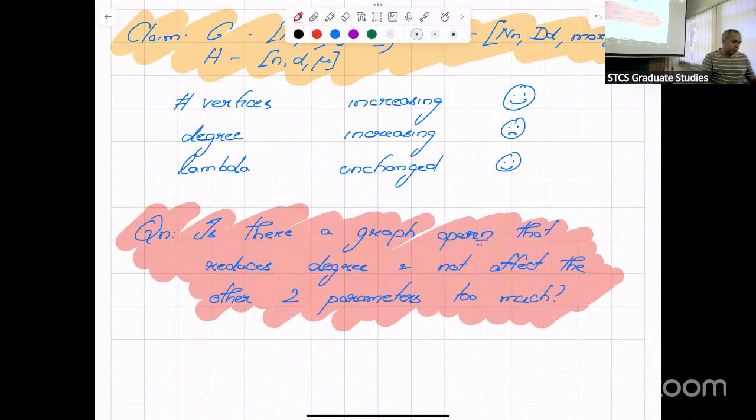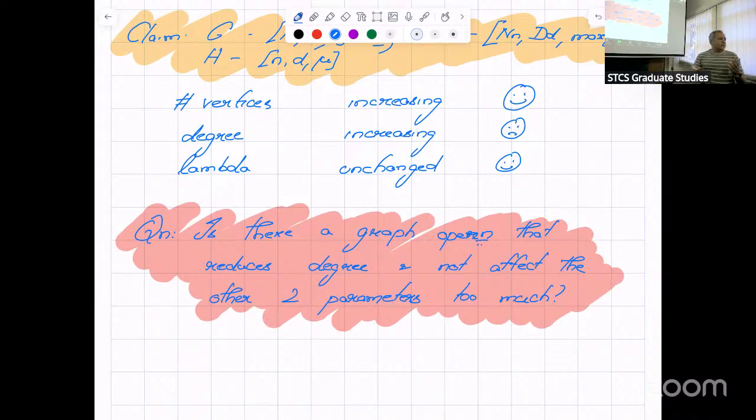It was motivated by answering this question that we will define a new product on graphs called the zigzag product, which will actually have this feature. It will decrease the degree without affecting the other two parameters too much.